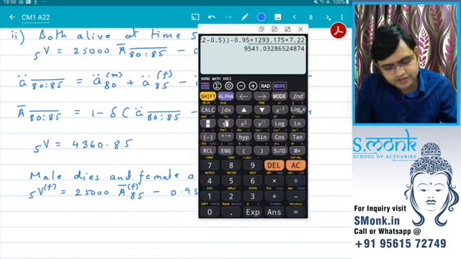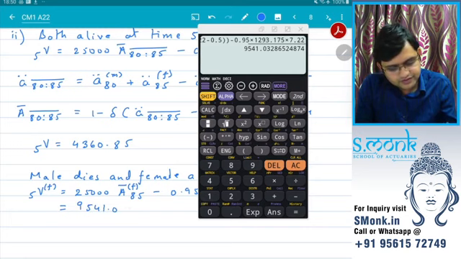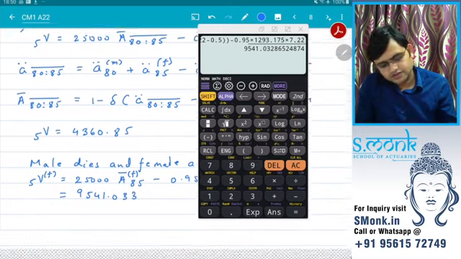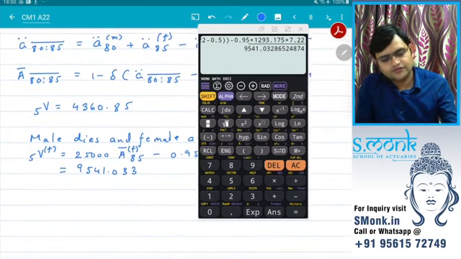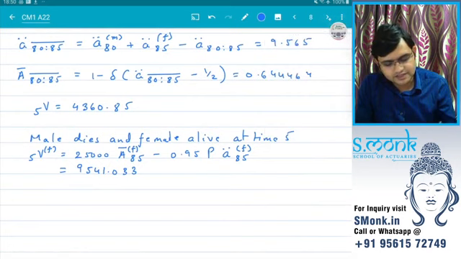So this becomes the reserve if male dies and female is alive: 9541.03233. This is the reserve we will keep if male dies and female is alive.